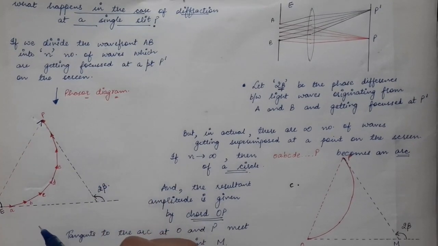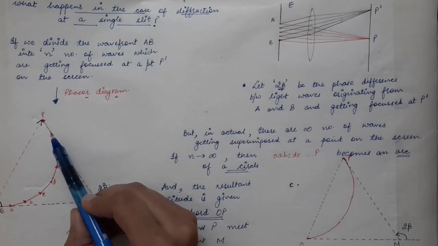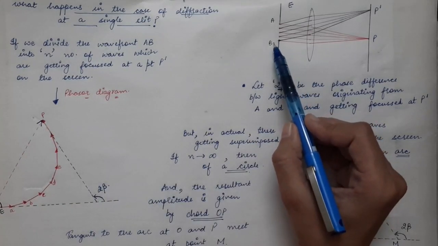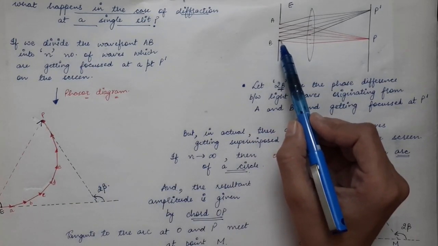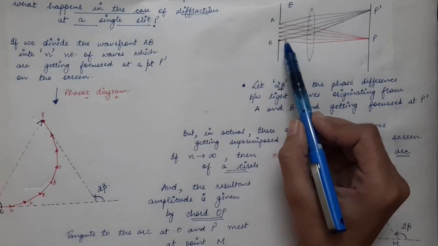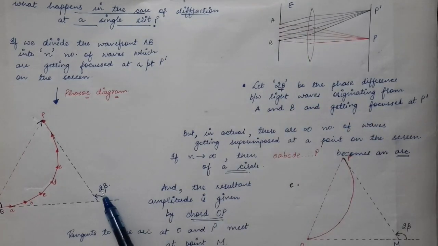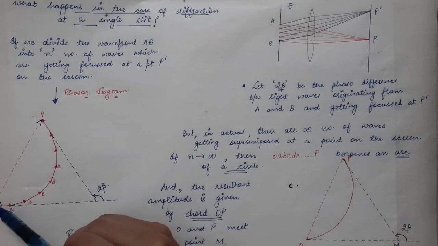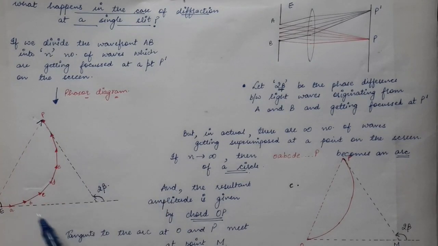Twice of beta represents the phase of the wave originating from the second end point of the slit with respect to the first, and this angle will represent the phase of the resultant wave with respect to the first.